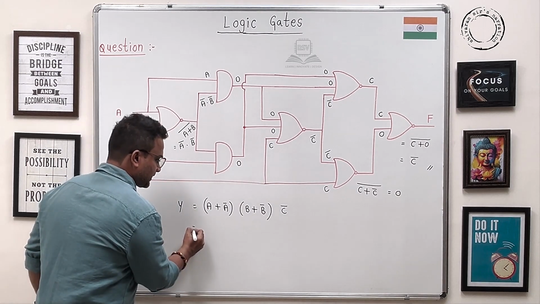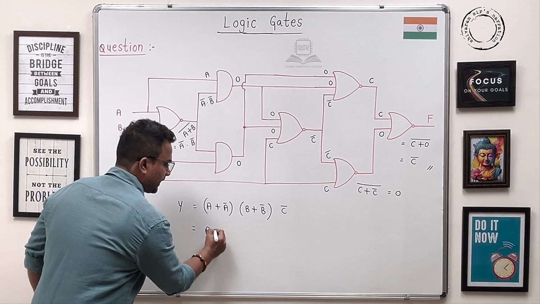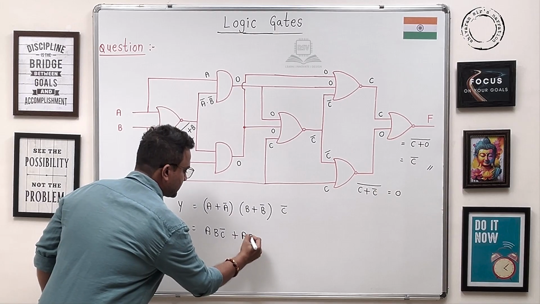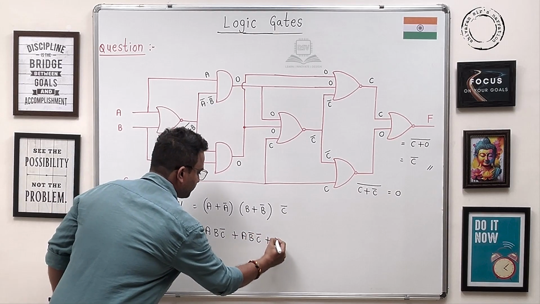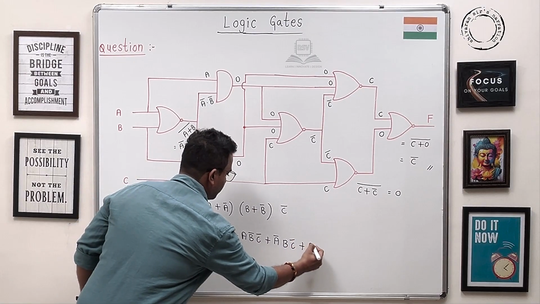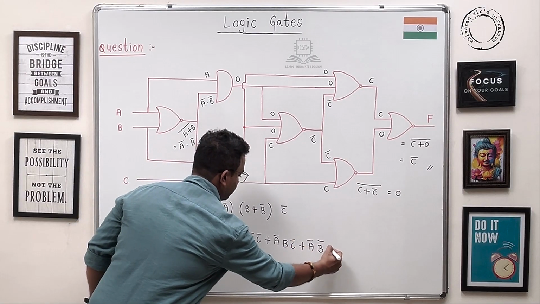Okay, now guys, here it is A B C bar, A B bar C bar, A bar B C bar, A bar B bar C bar.